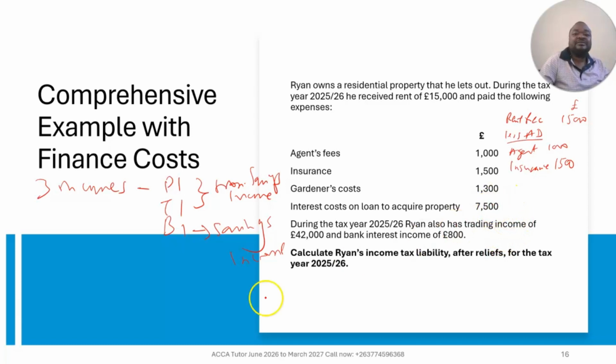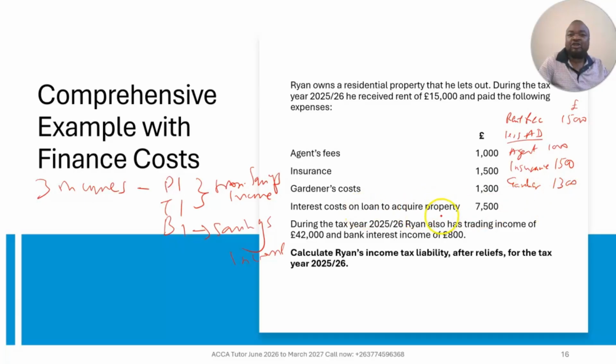The gardener's cost, the gardener, obviously these ones, they are required. The guys who do the landscaping, etc., to ensure that the property is inhabitable and is also having those aesthetics which are important to attract tenants. So the gardener's costs are deductible, 1,300.